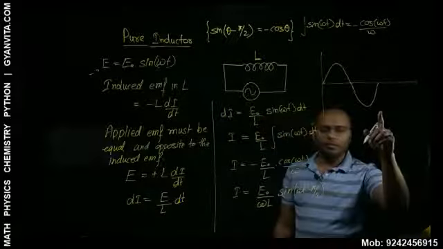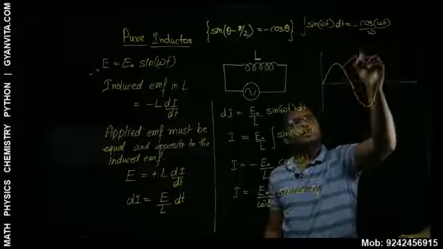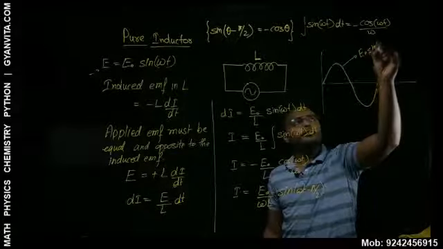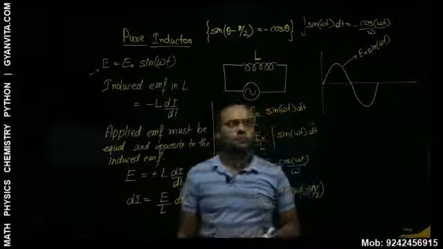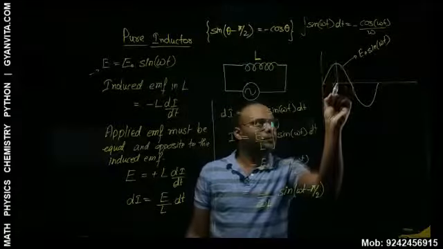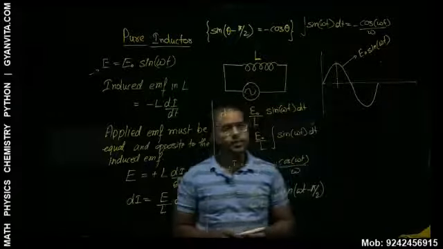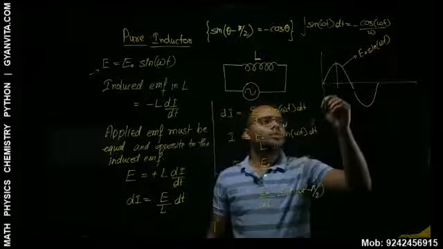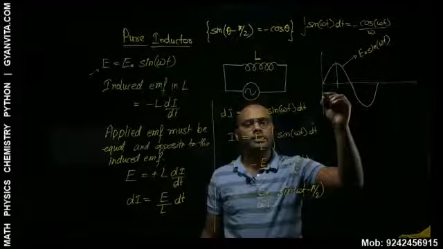This is E naught sine omega t, but current is pi by 2 behind it. That means at pi by 2, current will become what EMF was at 0.